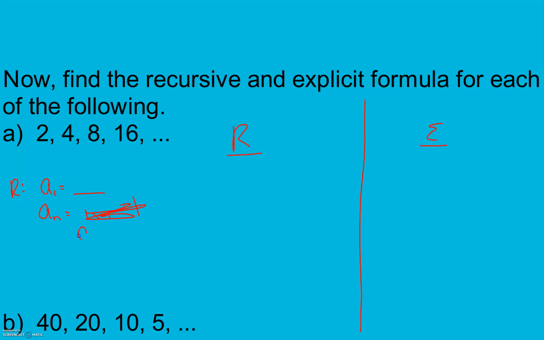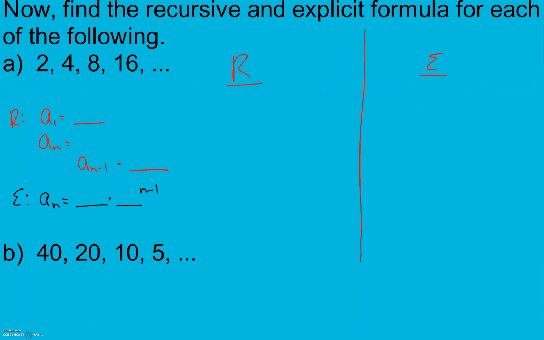The amount of the term before it times our common ratio. Our explicit formula is the amount of any term is our first term times our common ratio to the n minus 1 power.